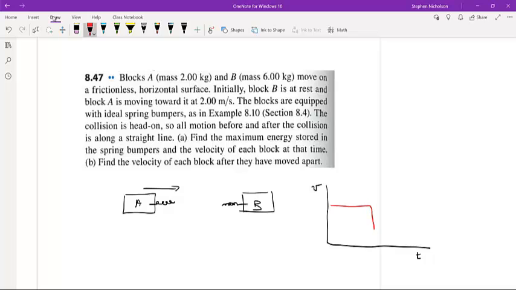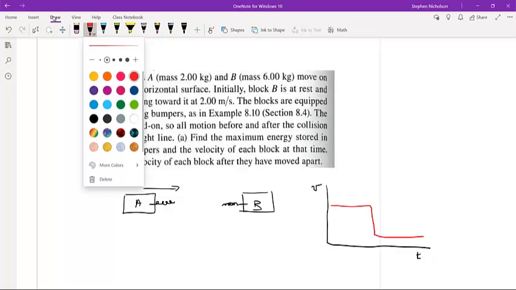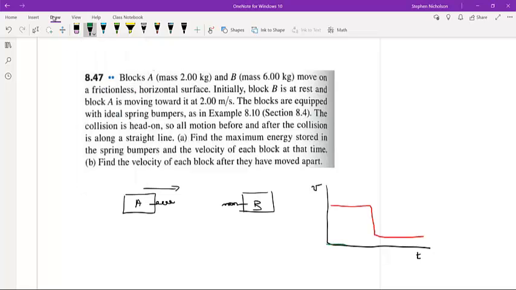It doesn't immediately go to its final velocity, but it slows down like that. And then you have the velocity of object B, which is initially 0, and it's going to speed up.